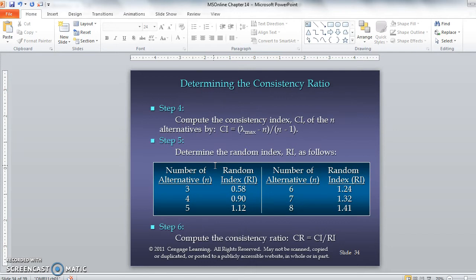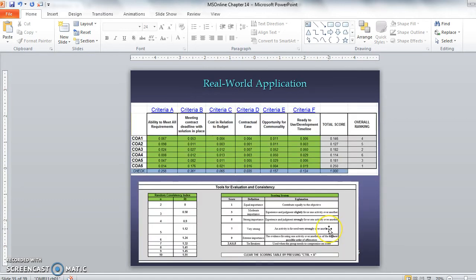In terms of the calculations, we calculate something called the consistency index. Again, Excel can do this for you based on the random index value, and these are fixed values based on the number of alternatives. We're going to stick with 3 or 4 alternatives, and then we plug this value in. The consistency ratio is the ratio of the CI to the RI.